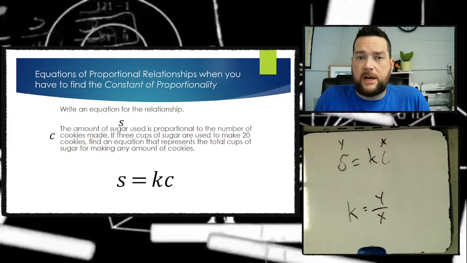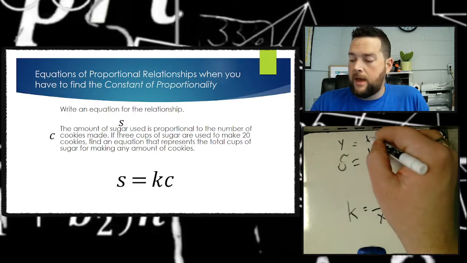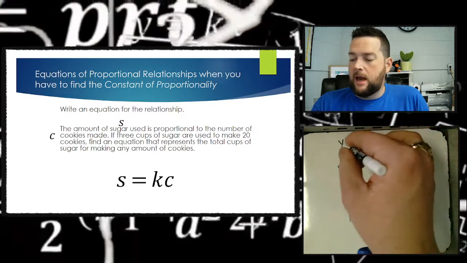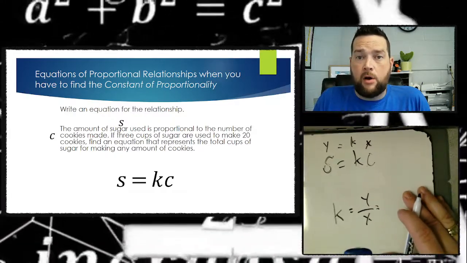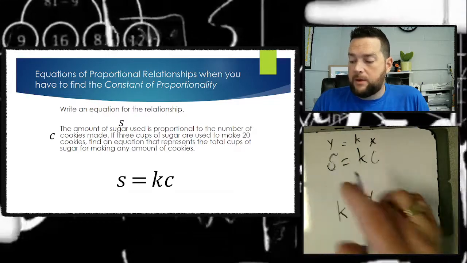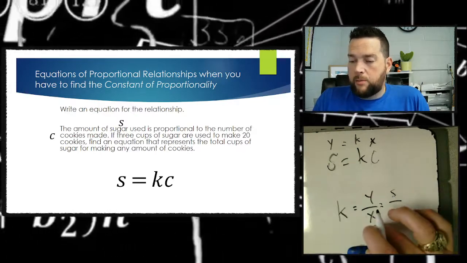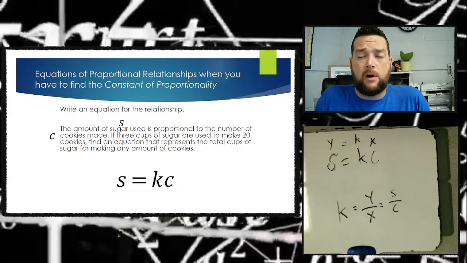Remember our standard equation for a proportional relationship is y equals kx. Well, the x in this problem is the C, and the y is the S. So we could put that in our equation for the constant of proportionality. Let's replace that y with the S, and let's replace this x right here with the C. Those are the variables from the problem.